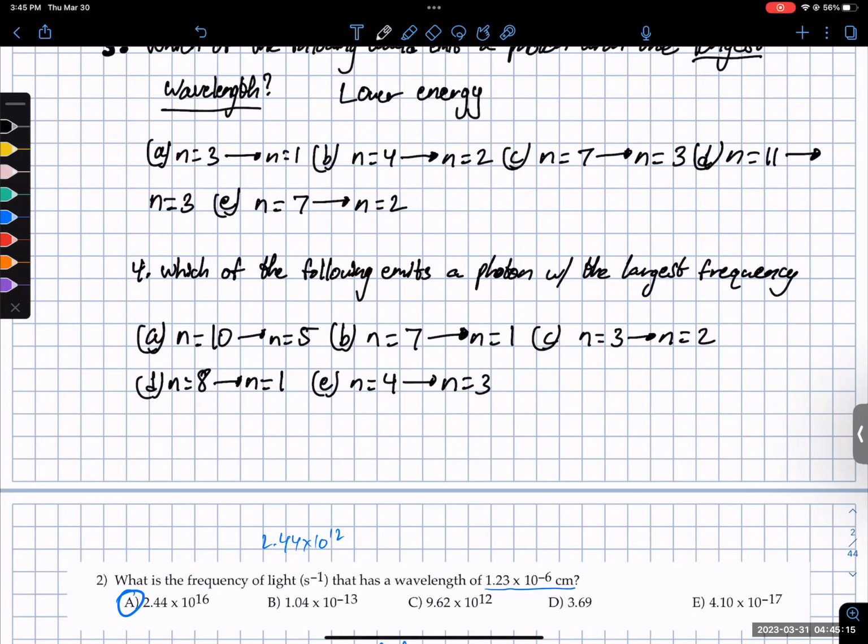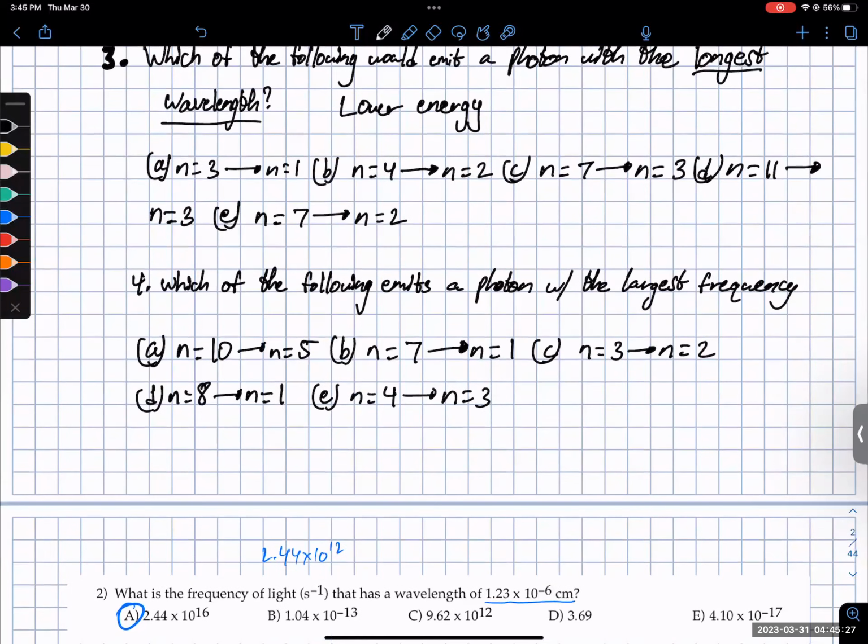So because of that, are we looking for something in the Lyman series, Balmer series, or Paschen series? Paschen. And what's our final N value? N equals 3. So right off the bat, we can eliminate options A, B, and E, because those don't have final N values, N equals 3.